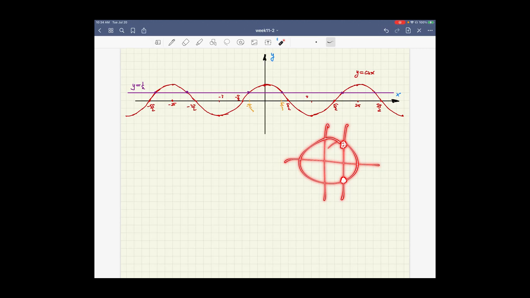And the next point will be, let me check the graph.